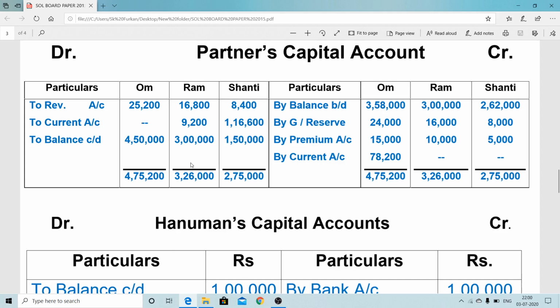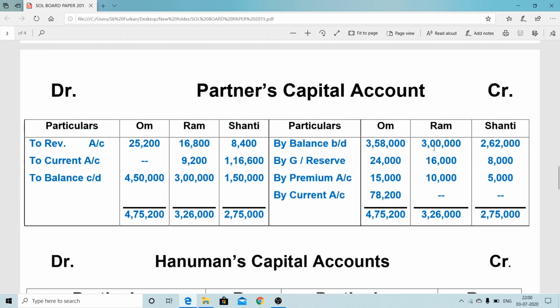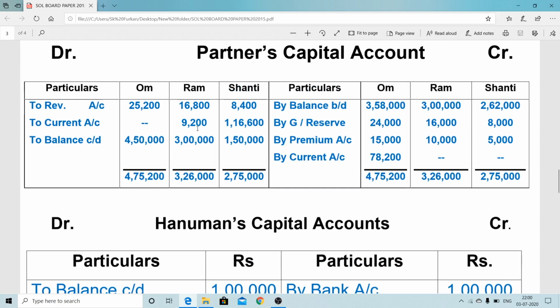Now the second partner, that is Ram's capital. Here we can see on the credit side 3 lakhs plus 16,000 plus 10,000, 3,26,000, whereas on the debit side 3 lakh and 16,800. So on the debit side there is a shortage, which means his benefit side is more. Easily you can withdraw 9,200.